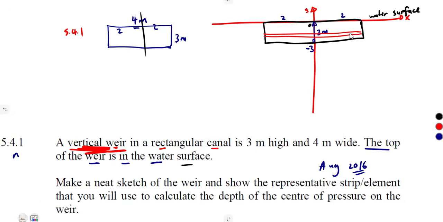Our representative strip is always given horizontally. And our relationship is the equation of the line. Remember, the top is 2 meters. So at this point, x is 2. That is the equation of the vertical line. So we've got the relationship between x and y there.